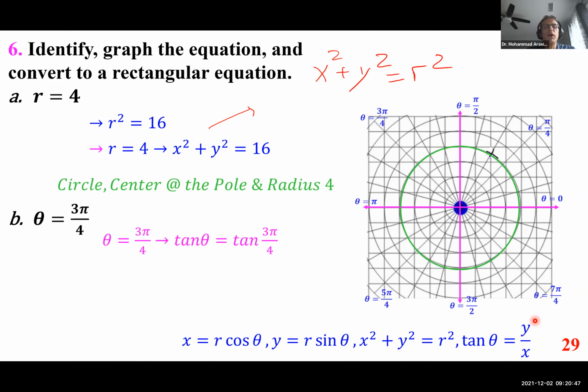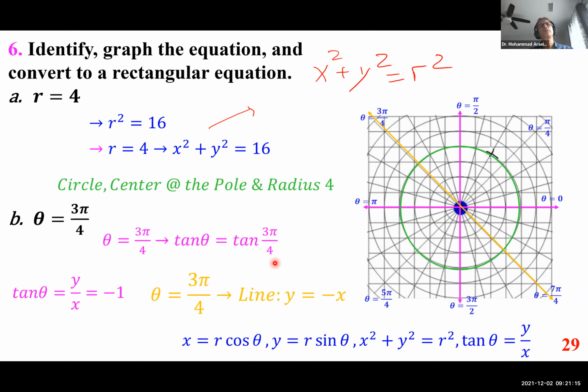And tan of 3 pi over 4, remember, second quadrant tangent is negative, the same as pi over 4, 1, but with the negative sign. So tan theta, which is y over x, equals -1. The cross product results in y equals -x, which is a line through the origin going this way. So line y equals -x.